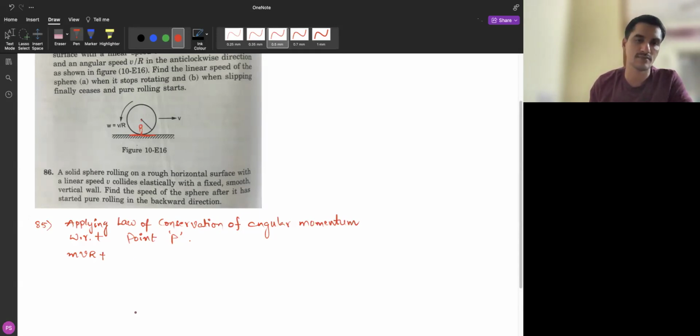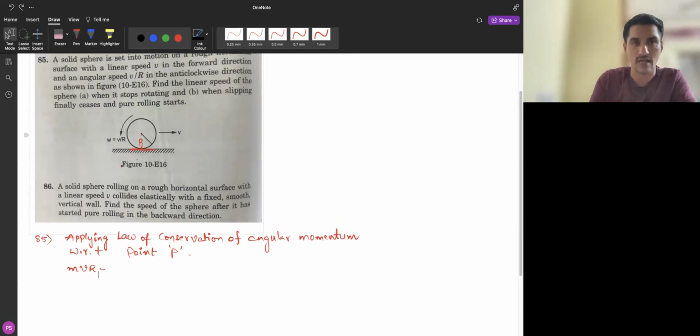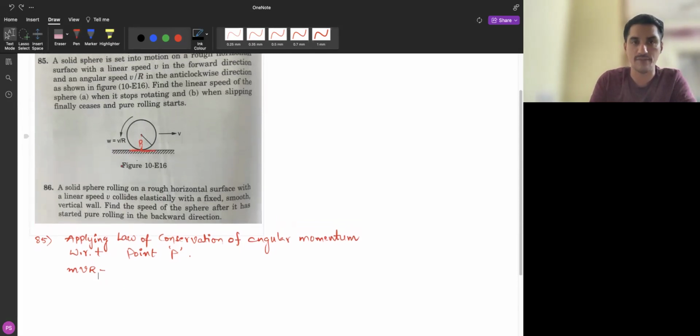Plus or minus? It is minus. Why minus? Because it is rotating in anti-clockwise direction. Here, mvR is the angular momentum due to translatory motion, and v by R is omega. With that, how to write the angular momentum here? That is I omega. Yes or no? I omega, because it is a solid sphere.